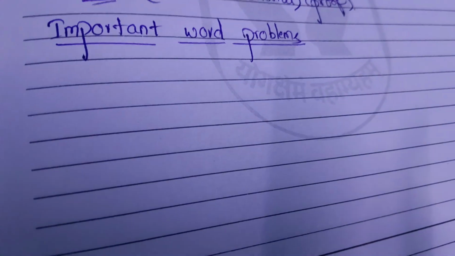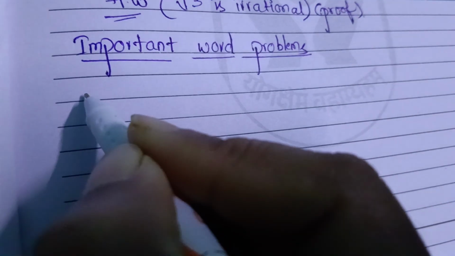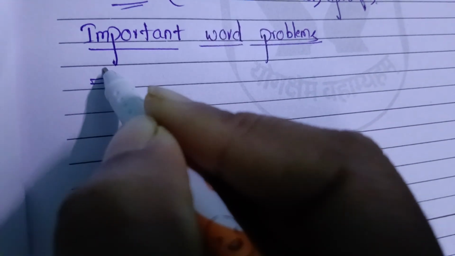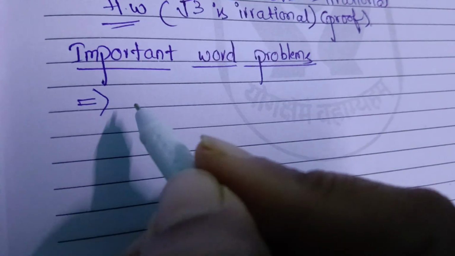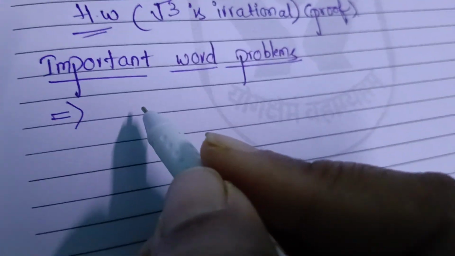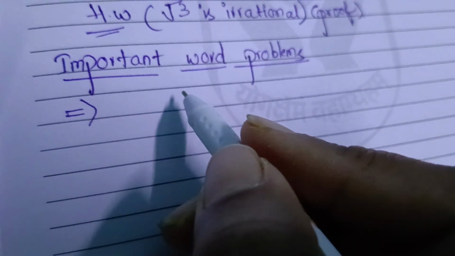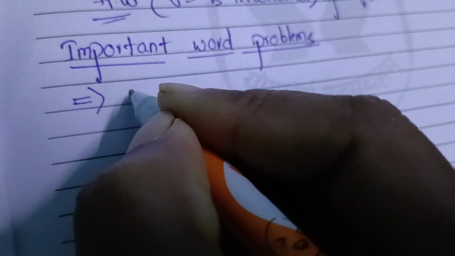So, important word problems, because sometimes they may not directly ask to find the HCF or find the LCM. Instead of this, they may ask in this format, which I am writing.